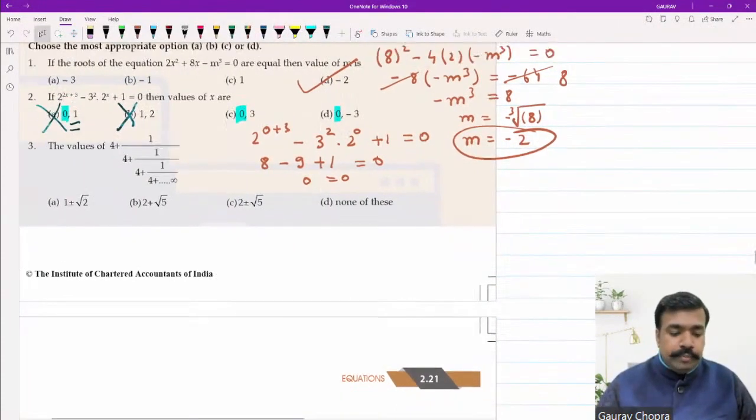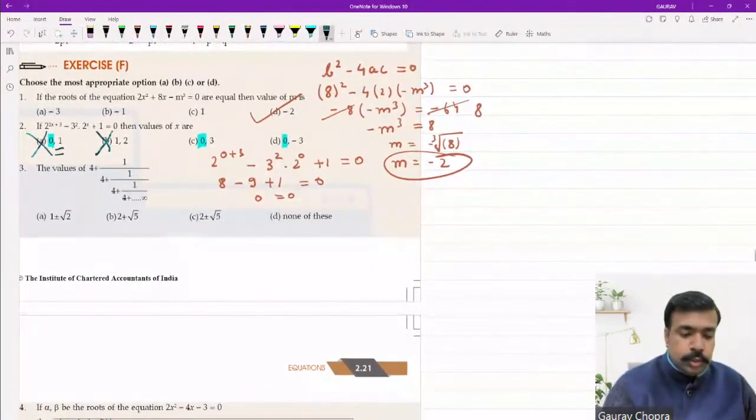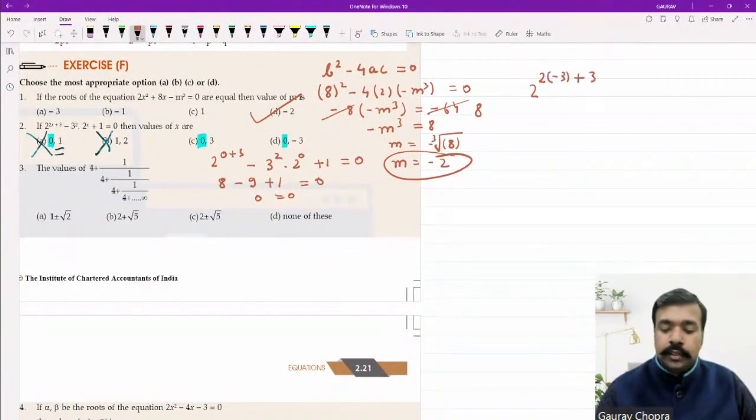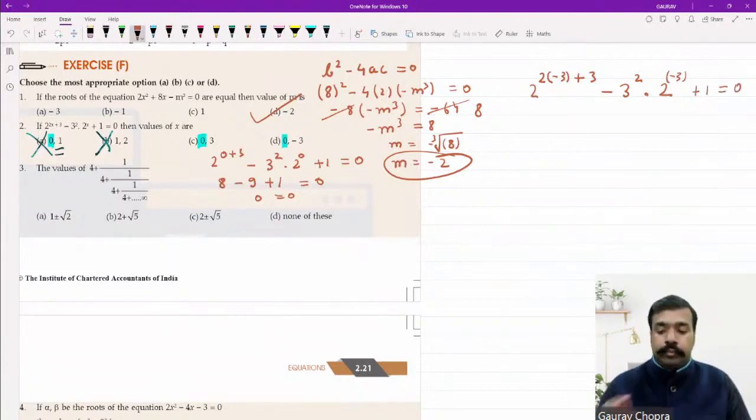So if we try with option D, let's do here. 2 to the power of 2 into, in place of x, we are substituting minus 3, and then plus 3, minus 3 squared multiplied by 2 to the power of minus 3, and then plus 1, equal to 0.